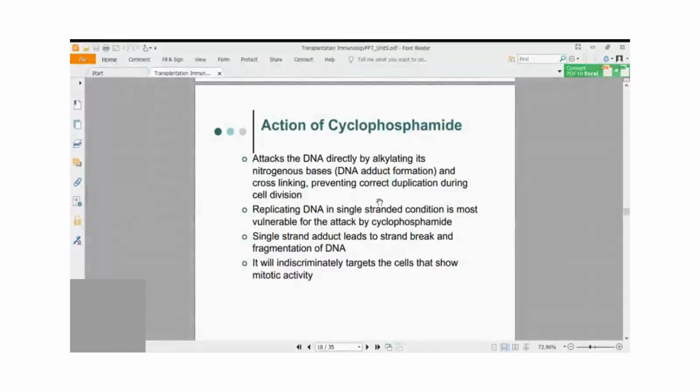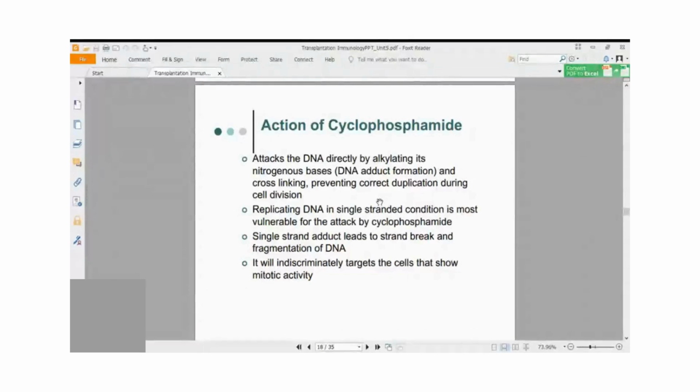Whichever cell is preparing to divide, it is going to act on that cell at the stage where DNA is naked. Therefore, the intestine, which is replicating the intestinal epithelium on a daily basis and forming the new epithelial layer, is also under attack. Bone marrow cells are also under attack.